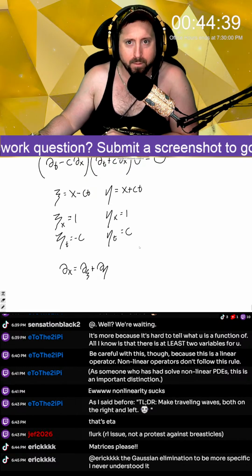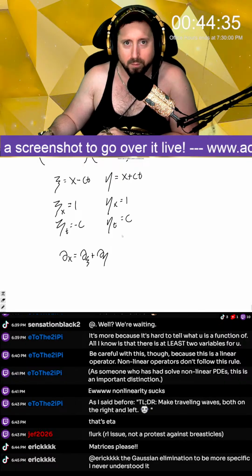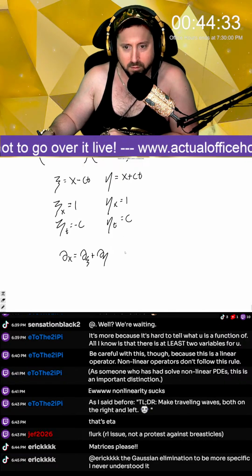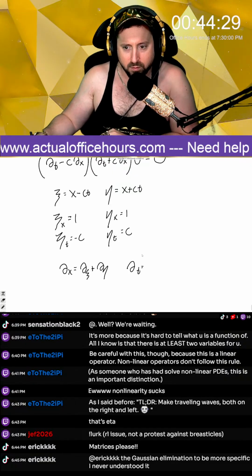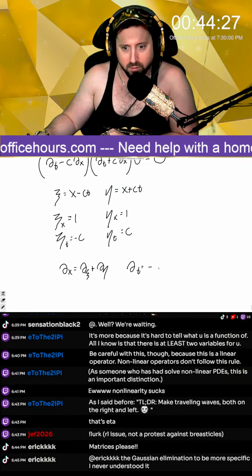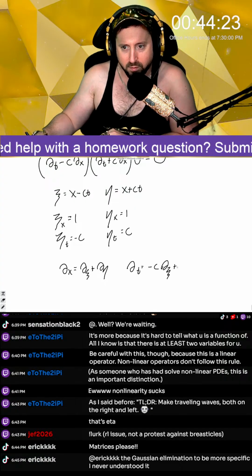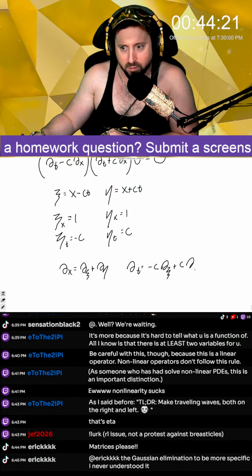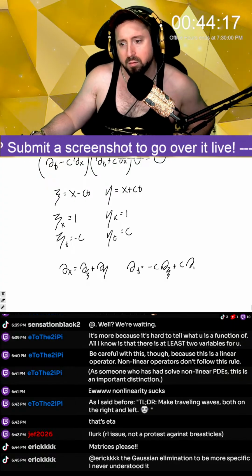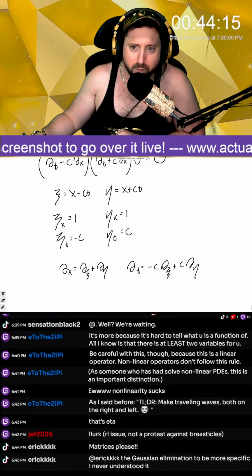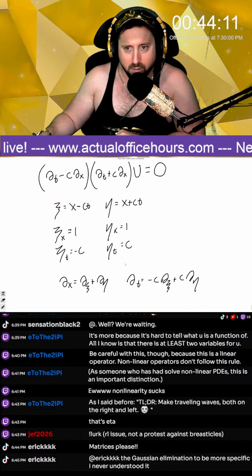It doesn't really matter because the whole equation becomes equal to 0. But we'll also say that partial t is equal to negative c partial xi plus c partial nu. Why is this one minus and plus, and this one's plus and plus?